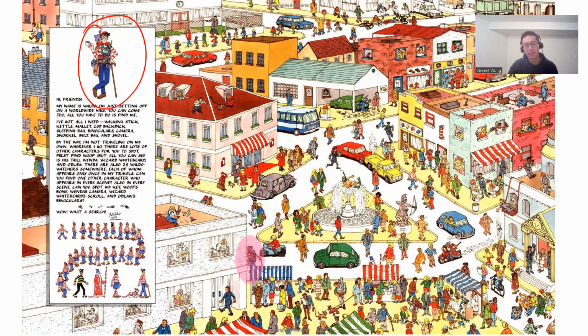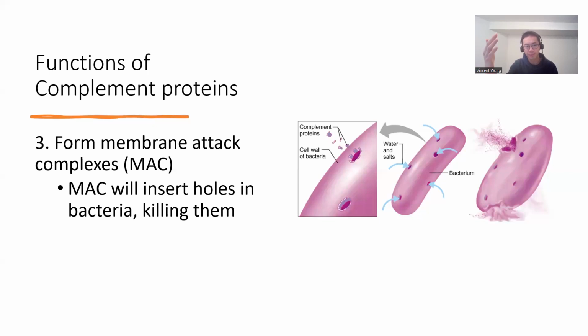Okay. So creating a chemical trail for the white cells to follow, tagging the target so that it is easier to identify. And the last function of the complement protein is that they are going to form these things called the membrane attack complexes. Essentially, they assemble into this structure, which will punch holes into the bacterial cell wall.